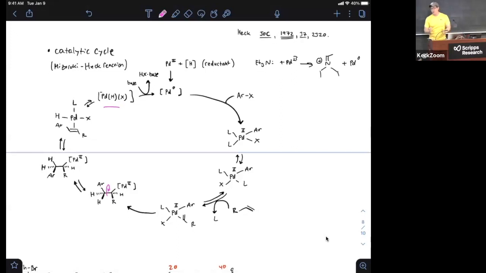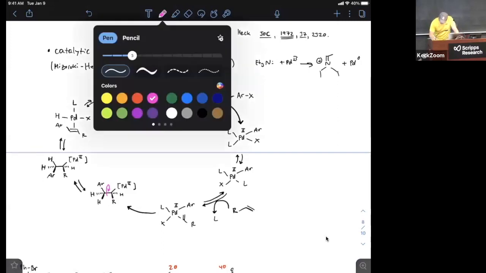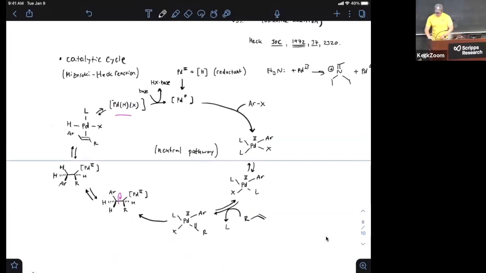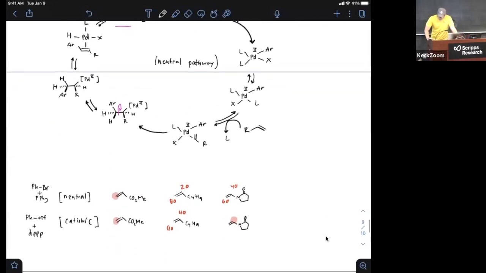So I mentioned there's two branches to this stream, either the neutral pathway as drawn, let me specify that, there's also a cationic pathway. And so you might run this thought experiment in your mind of what factors are going to favor whether I'm going through the neutral pathway or the cationic pathway. And I think we have a handout to summarize this that I would draw your attention to.